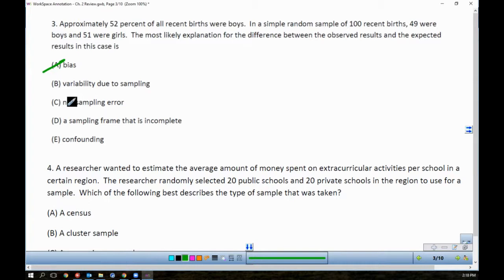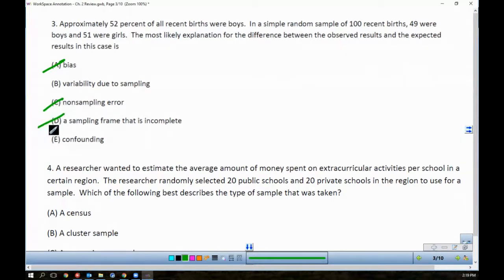Non-sampling error. It didn't say anyone refused. So throw that out. A sampling frame that is incomplete. Did it say that it left out any hospitals or anything? No, it doesn't tell us that.